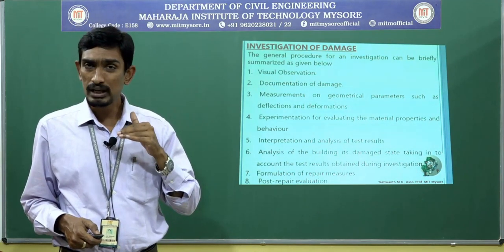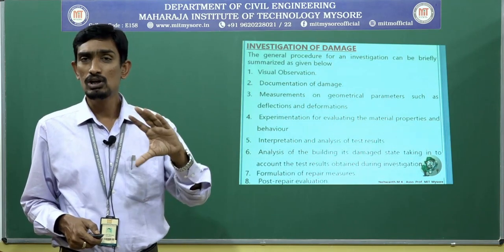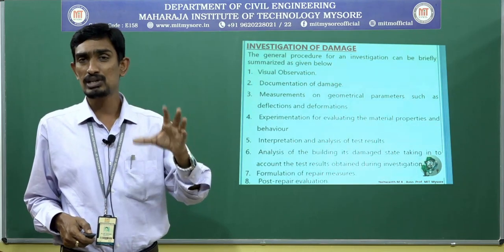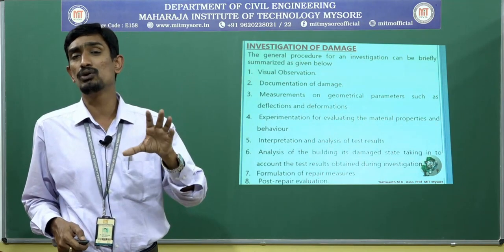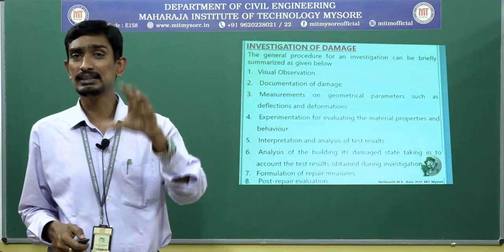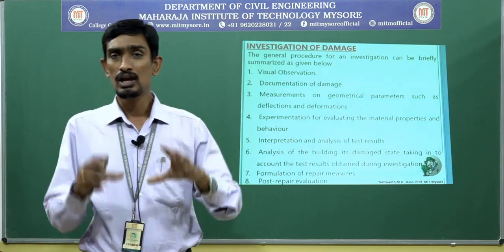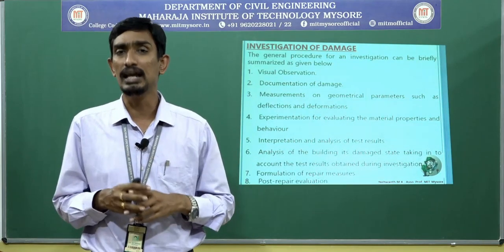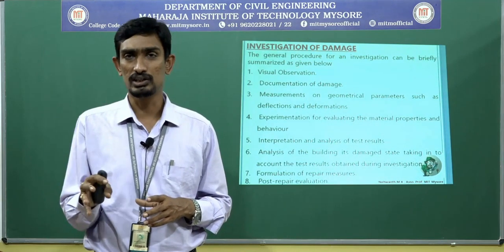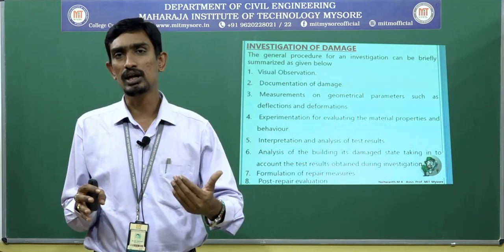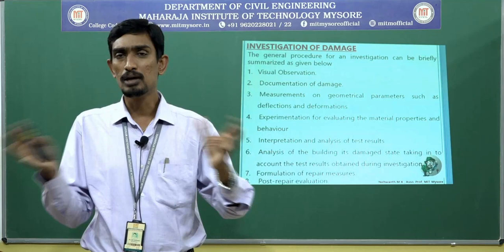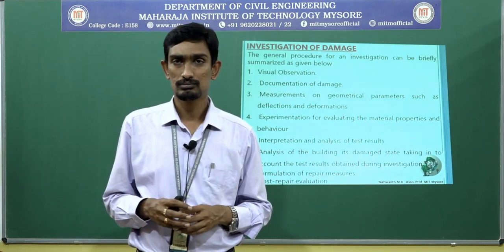While doing the investigation or inspection, you use different techniques. Without damaging the structural component, you assess the compressive strength of the concrete. Those results you are going to correlate: the destructive compressive strength during construction and the non-destructive compressive strength of concrete during damage assessment. Both things I am going to correlate.